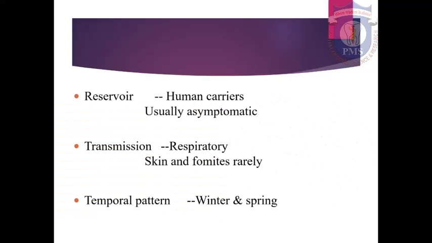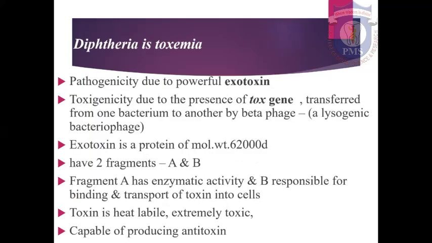Next we will discuss who are the reservoirs behind this diphtheria infection. The reservoirs are human carriers, usually asymptomatic. Transmission is mainly by the respiratory route, or rarely through skin and fomites. The temporal pattern of this infection is during winter and spring.